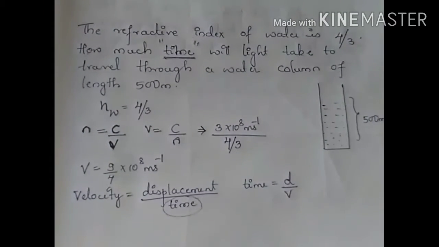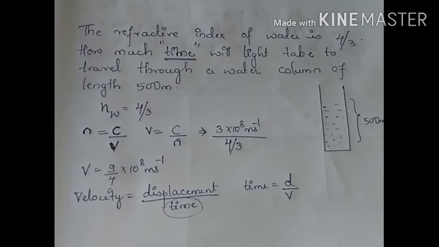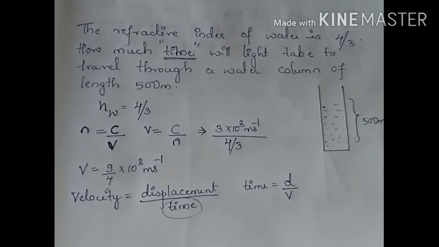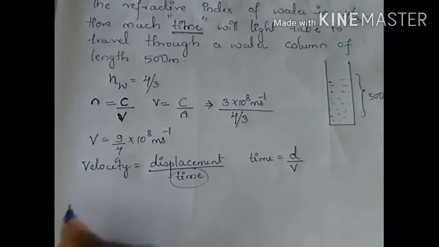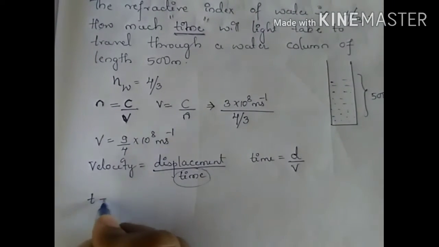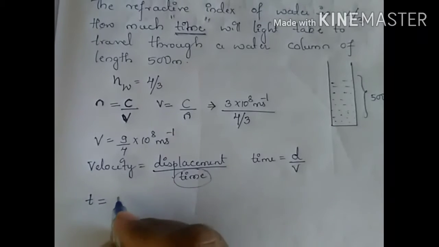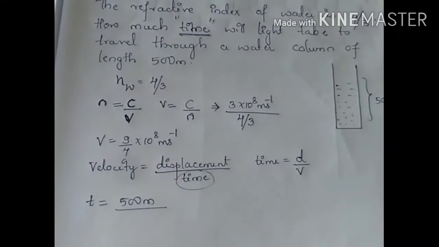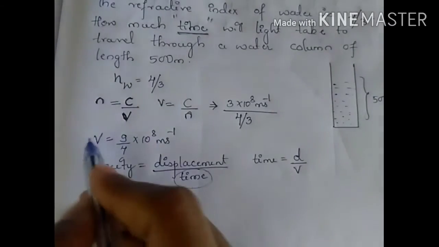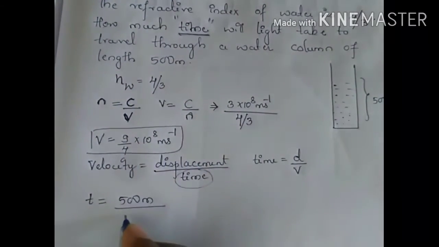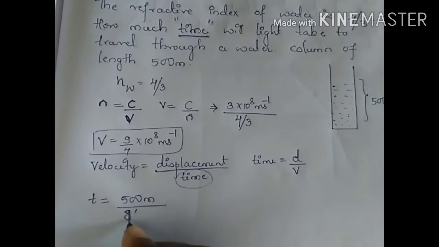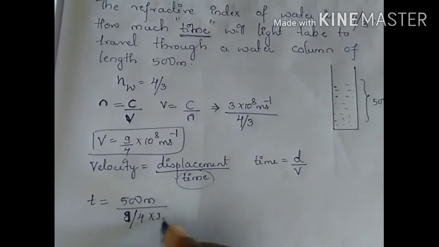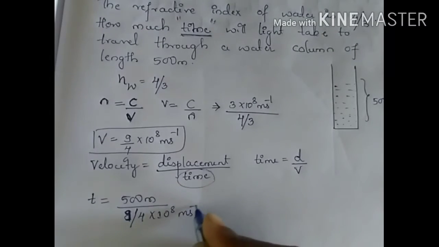From the question we know the distance, that is 500 meters. So if you substitute this, what will you get? Time t is equal to distance, 500 meters, and velocity, how much did we get? We got 9 divided by 4 into 10 power 8 meters per second.